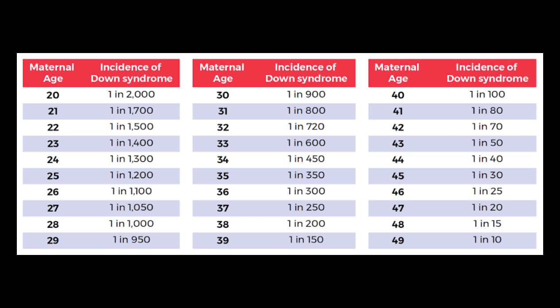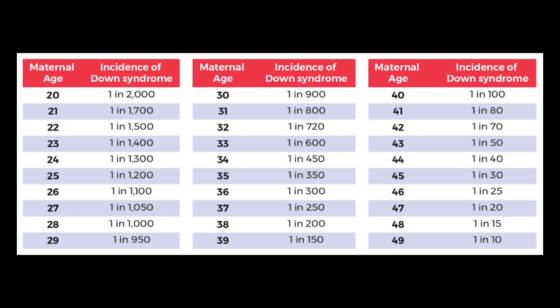So we divide the denominator of 1000 by 3 for every 5 years. This is how we calculate the risk for every next 5 years after 30 years of age of giving birth to a baby with Down syndrome.